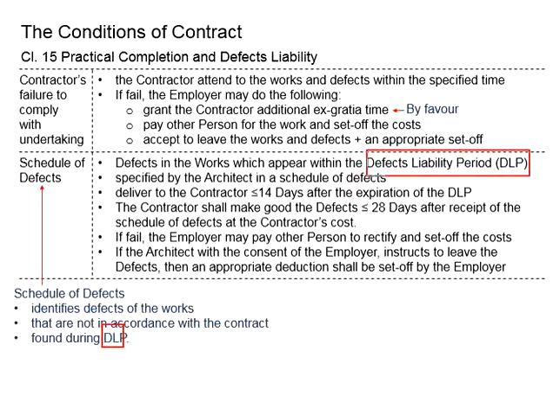DLP stands for the defect liability period. Now, what is the defect liability period? This is the period in which the contractor will need to guarantee that there are no defects in the work delivered to the employer after completion of the work.